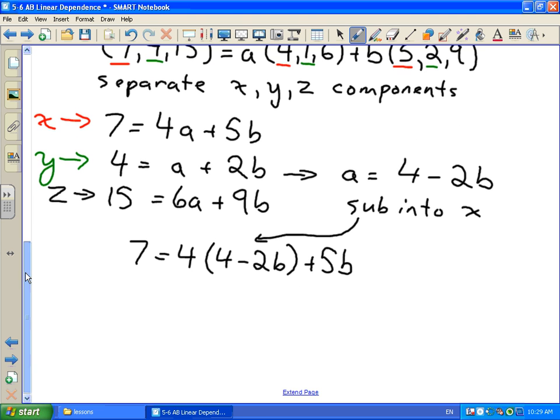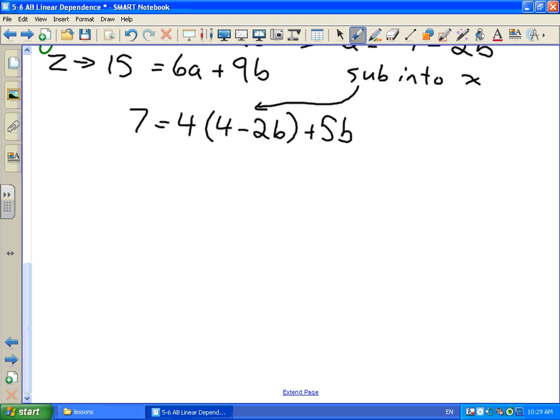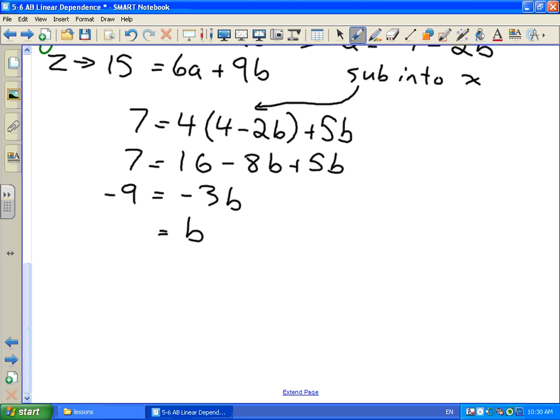And now let's solve this thing for b. 7 equals 16 minus 8b plus 5b. We'll bring the 16 over to this side and get negative 9. Negative 8b plus 5b is negative 3b. So b is going to equal 3.